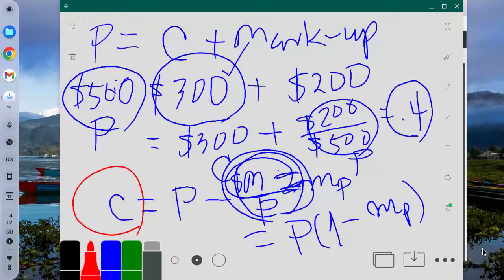Okay, so that took so much time. So think about it. One way you can estimate the true cost is, if you know the markup rate, either based on cost or based on price.